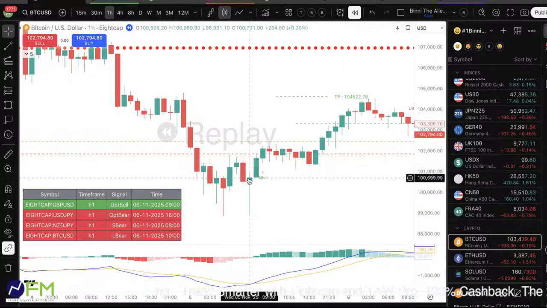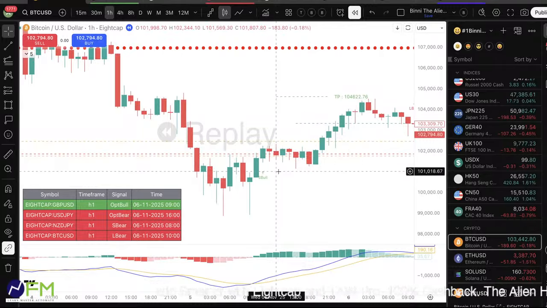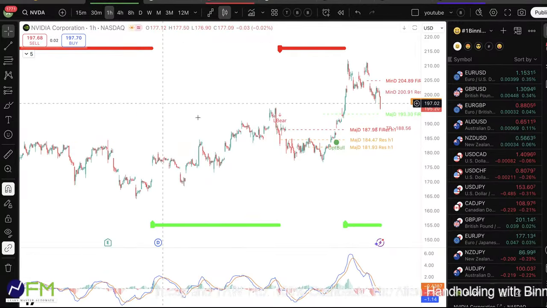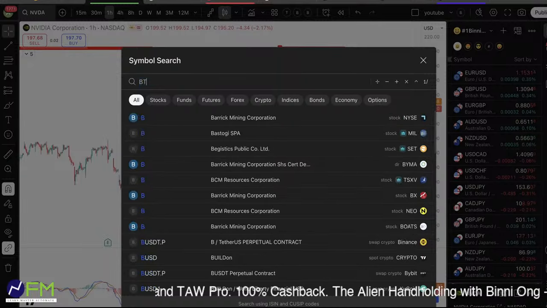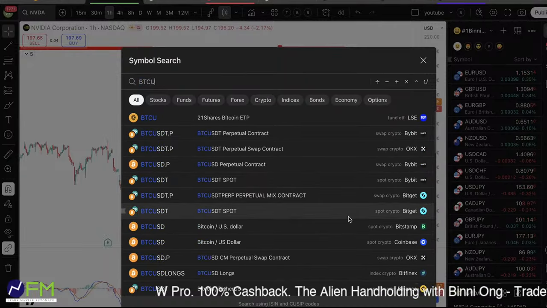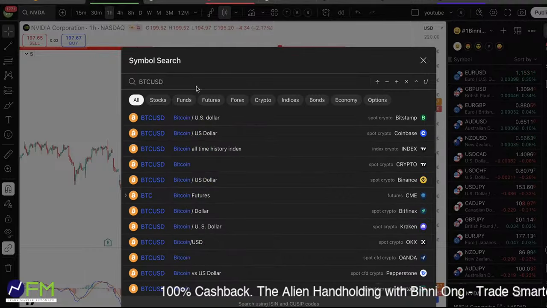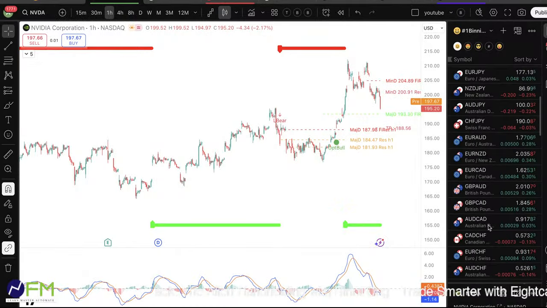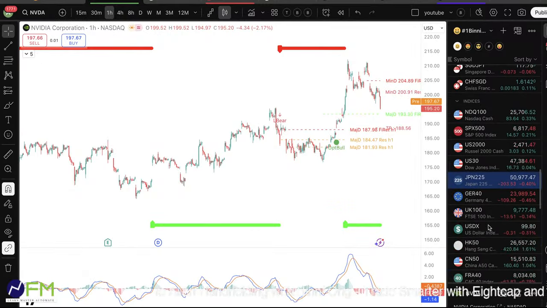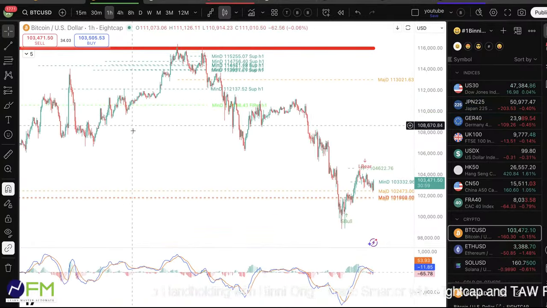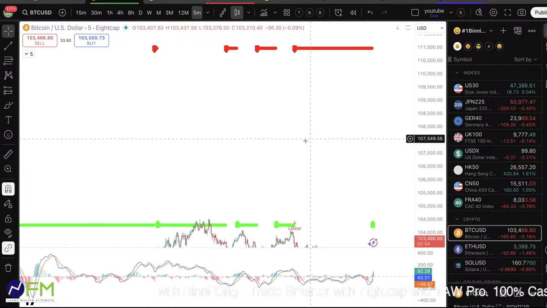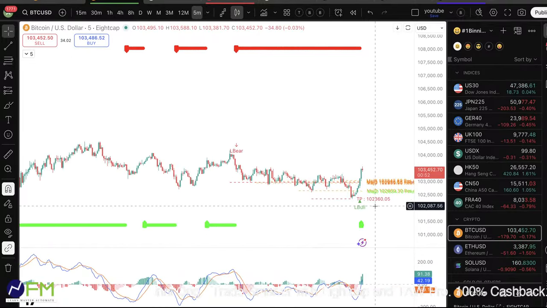This is suitable for short-term traders who are doing a little bit of scalping, and you can go all the way to 5 minutes. That means that if I run the BTC here, and I want to do it on 5 minutes, I can do that as well, because we do have 5 minute signals also.